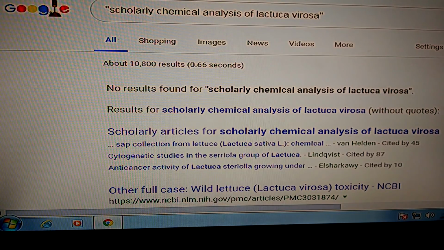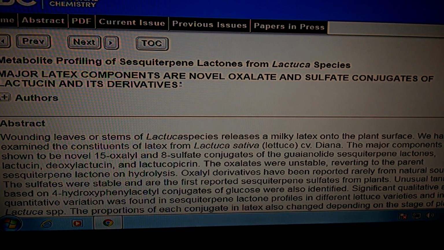But right now I am currently reading this one that came up in the search. And y'all, my head hurts. Oh my goodness, the words. I understand quite a few of these words, and I understand quite a few of the chemical procedures that they are using.